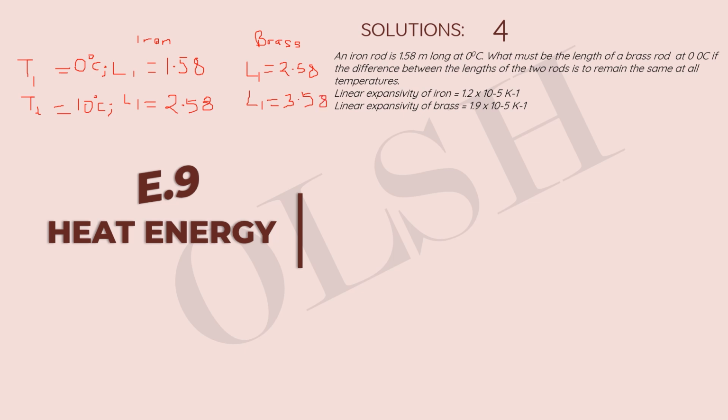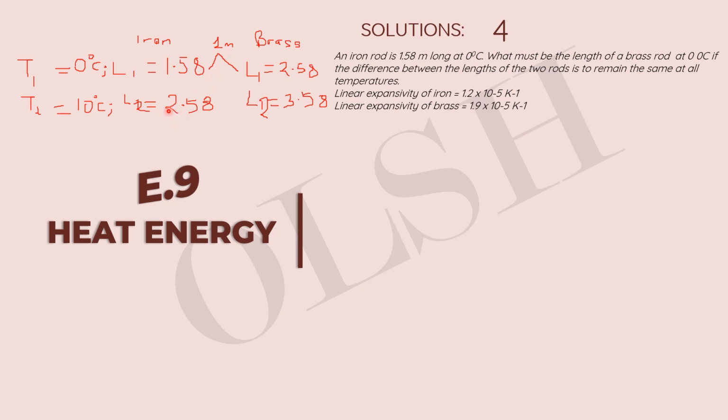What is the difference between both of them? The difference is 1 meter. So this is L2 and this is L2. If the difference in length between iron and brass at T1 is 1 meter, the difference at T2 is going to be 1.